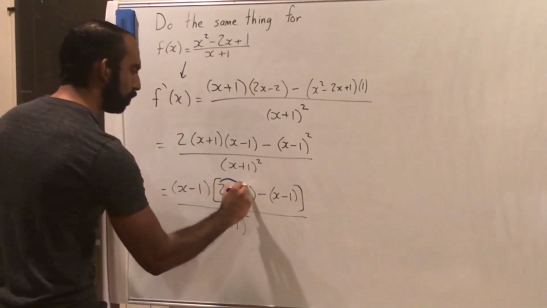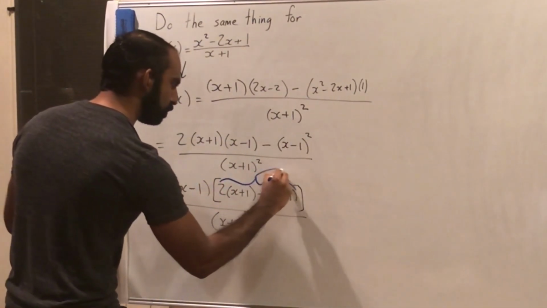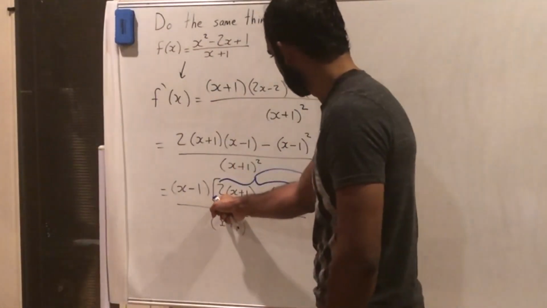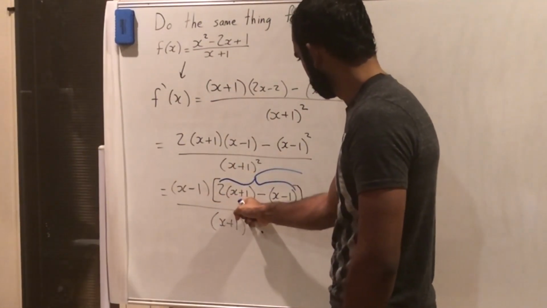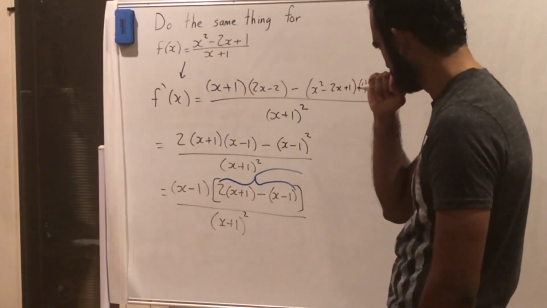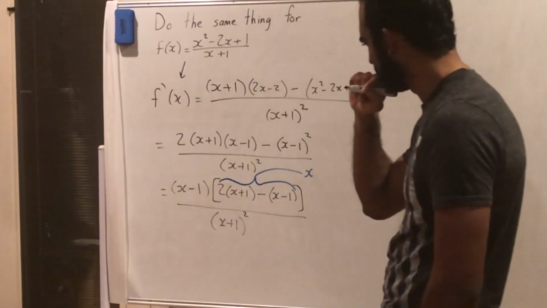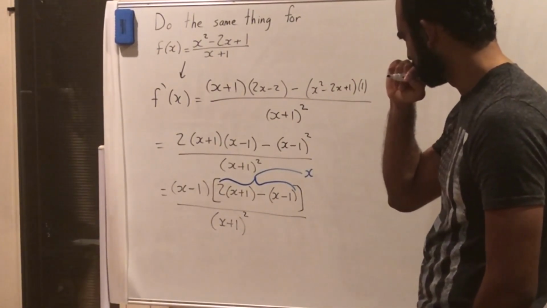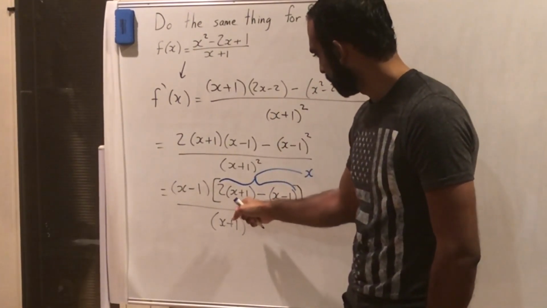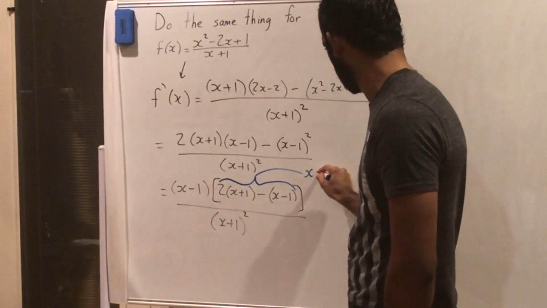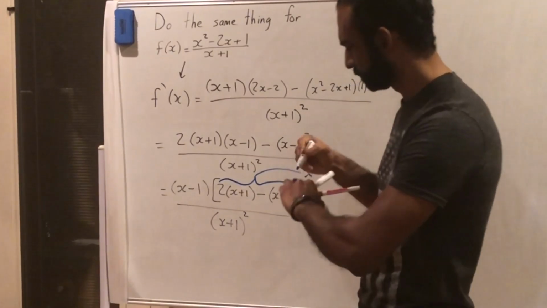Now someone help me out. What is this inner term, this bracketed term, the entire thing? That's going to be 2x plus 2 minus x plus 1. Okay, so I'm left with just 1x. Now what's the number I'm left with? 2 plus 1, so 3. 2 minus negative 1, x plus 3.